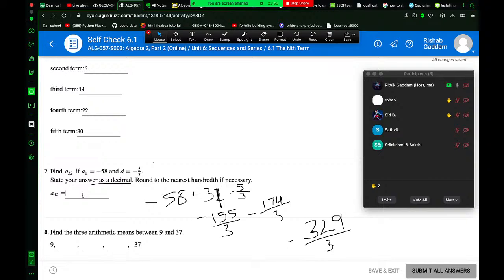So what would that be? It needs to be a decimal because I can't enter fractions in here. Does anybody know what that would be? If you put it in decimal form, I think it would be negative... Let me just calculate all that.